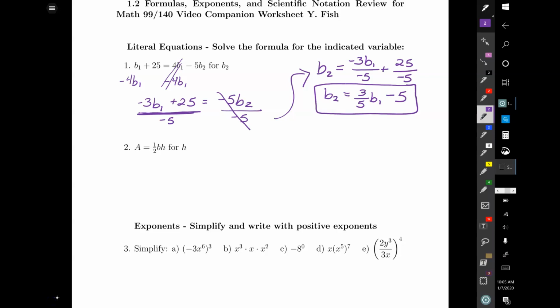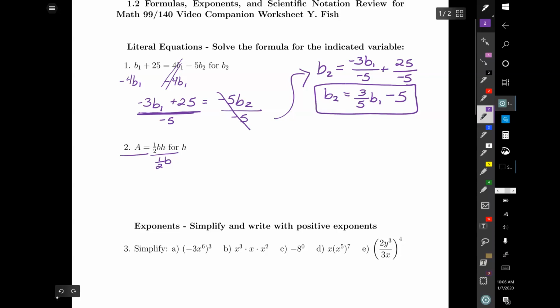Okay, number 2 is very similar. This is the formula for the area of a triangle, and let's say I knew the area and the base and I wanted to find the height. I might want to derive a new version of it. So I'm going to take this half B, which is what I need to divide by, but dividing by a half is really the same as multiplying by 2.